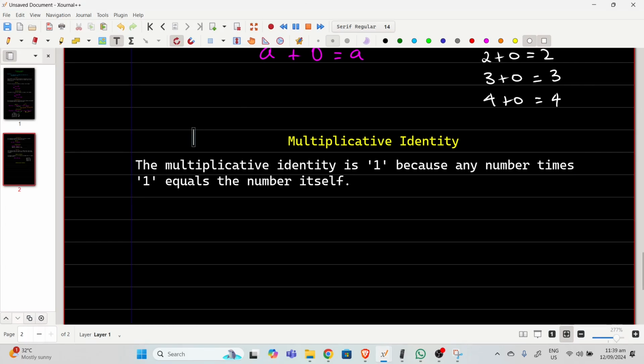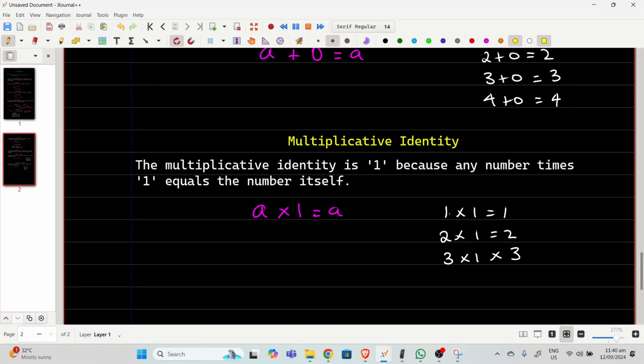So if we have A times 1, we get back A. Examples are 1 times 1 is equal to 1, 2 times 1 is equal to 2, 3 times 1 is equal to 3.